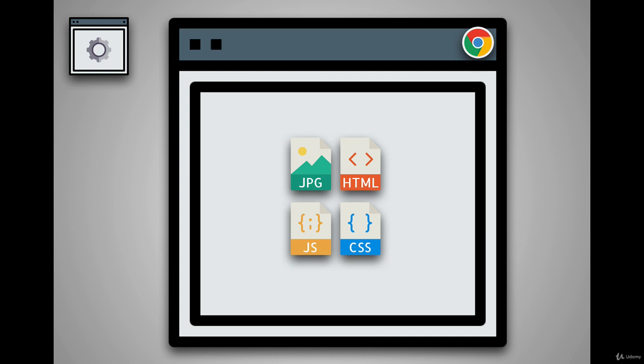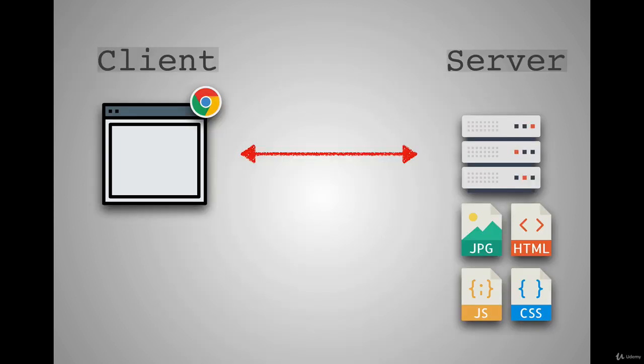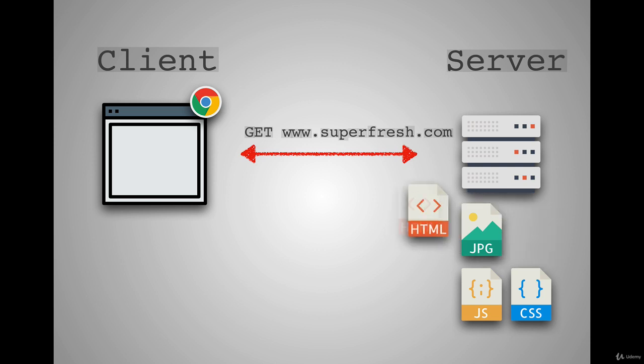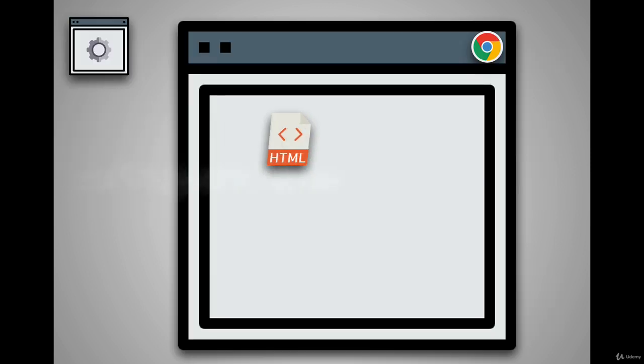Let's explore. So we have our typical diagram here of client and server. And the very first step is, well, we request a website, and then the server returns an HTML file. Now inside of that browser, the HTML file arrives, and the browser starts reading it.